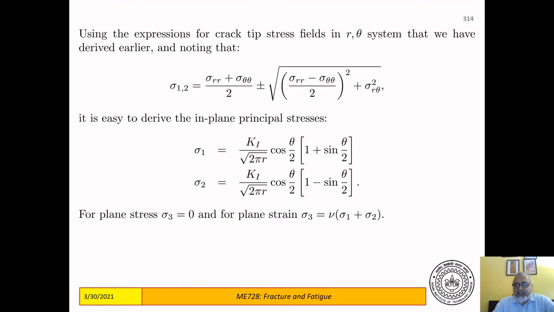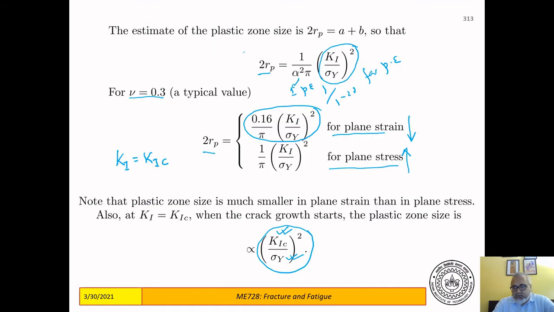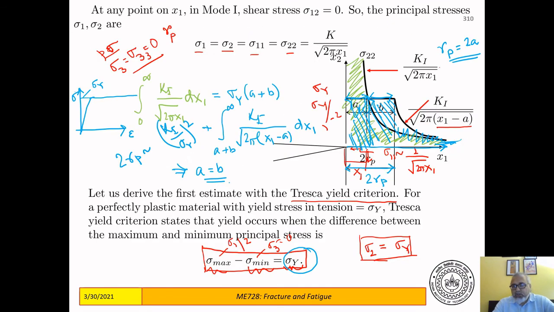Now let us look at the stresses all around. So far in the Irwin solution, we have looked at only along x1. So these are curves that vary only along x1, and we have not looked at the theta variation. We have concentrated on theta equal to 0 and have got all our deductions with theta equal to 0. So now let us look at all the stresses.